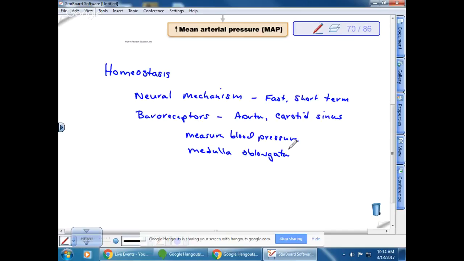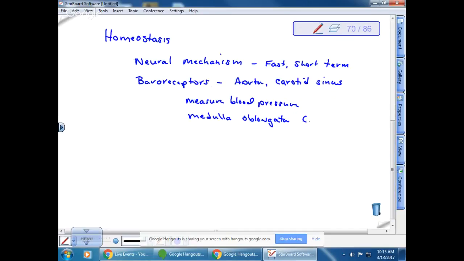Okay, and this is a part of the brain that is not conscious. It's sometimes referred to as your reptilian brain, and it just receives information from the body and then will respond to it by sending out nervous signals. And so when we look at the medulla oblongata, it can do a couple of things. So this would be my control center.